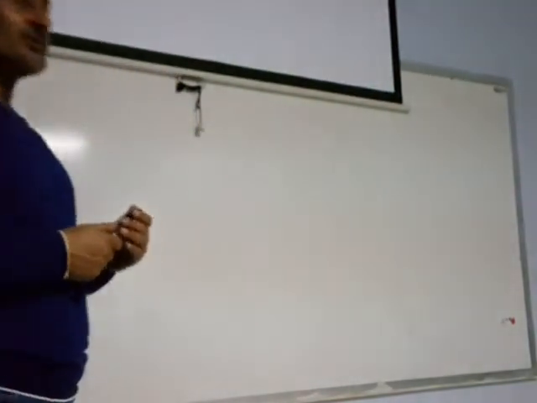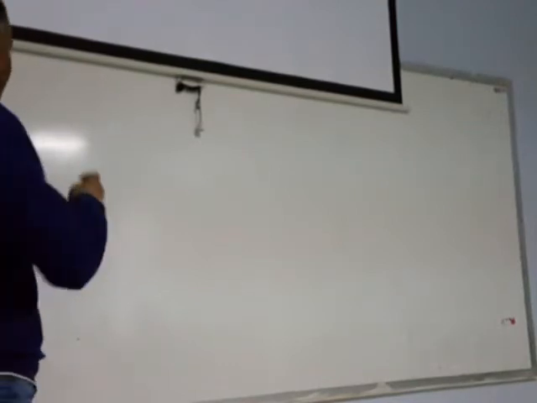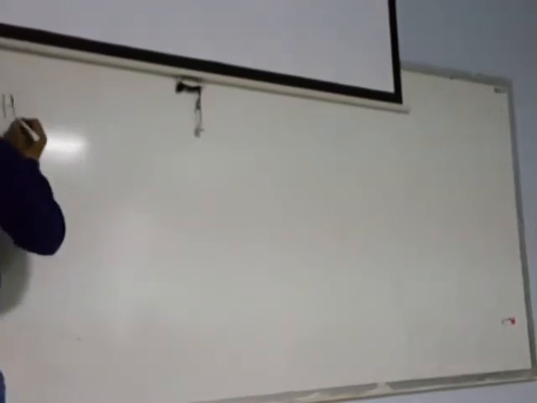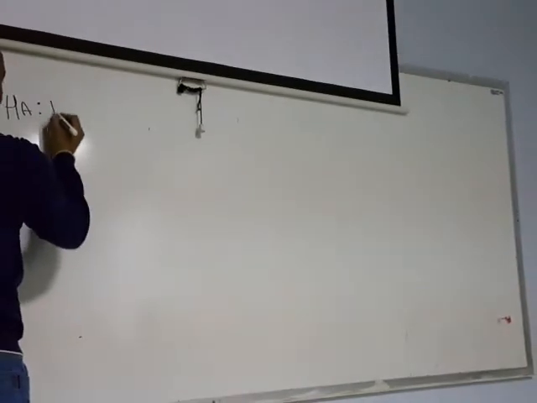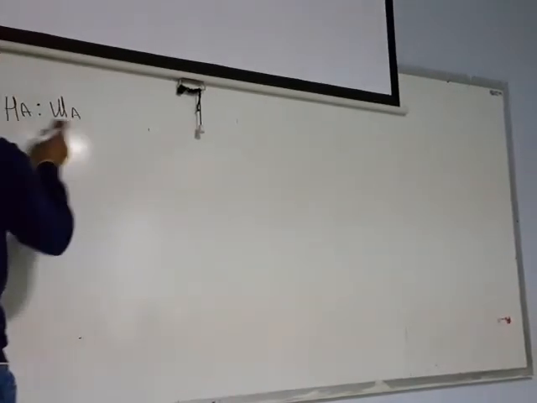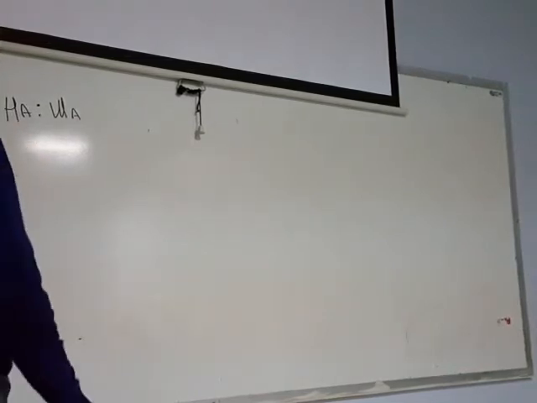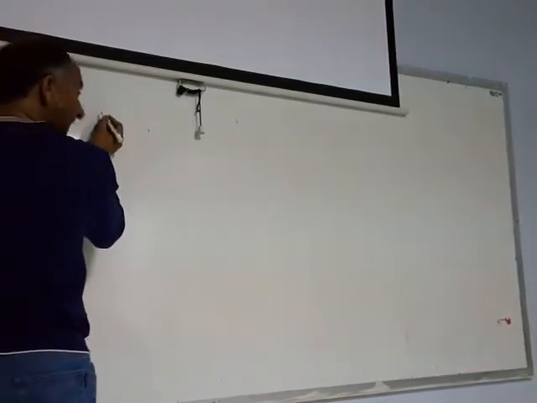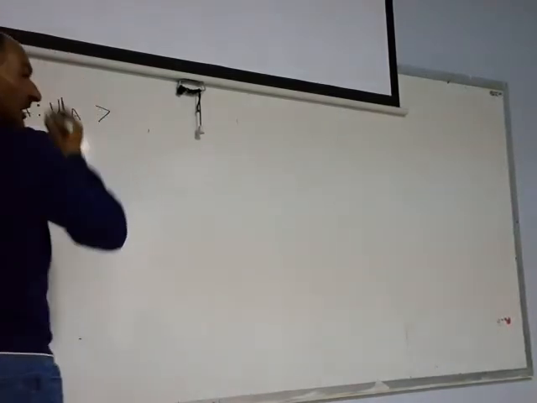Then we also talked about the signs which we use. I said, for example, if I am talking about an alternate hypothesis, it's equal to mu A. This is again an alternate hypothesis. Then I said that the signs it uses, for example, one of the signs like this.